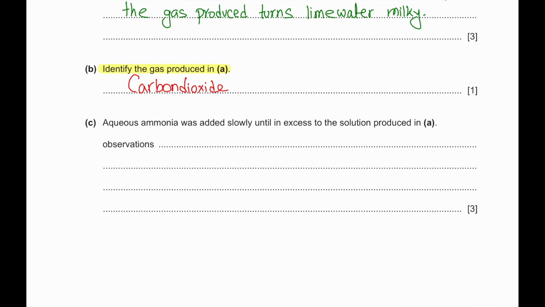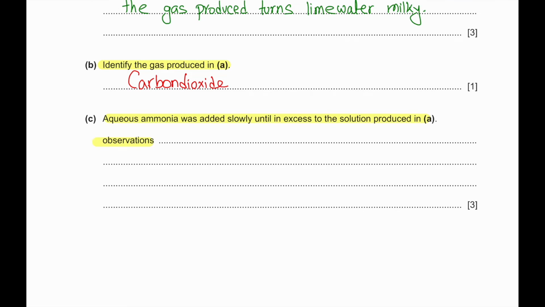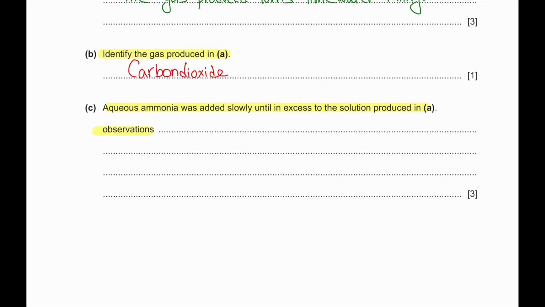Part C. Aqueous ammonia was added slowly until in excess to the solution produced in A. Observation. Okay, so when we add aqueous ammonia, a few drops is going to produce a blue precipitate.